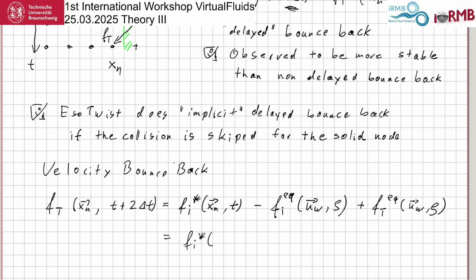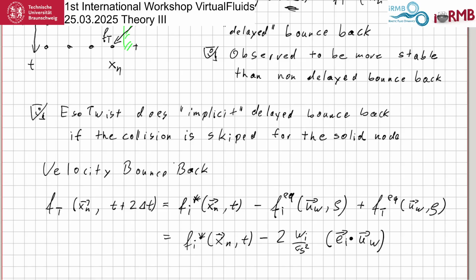So you can actually rewrite this as f_i after collision at x_n, t minus twice the weights. Here you can use the equilibrium from the BGK. So this will give you the weights of the equilibrium function divided by c_s squared times the direction of the population, scalar product with the velocity.